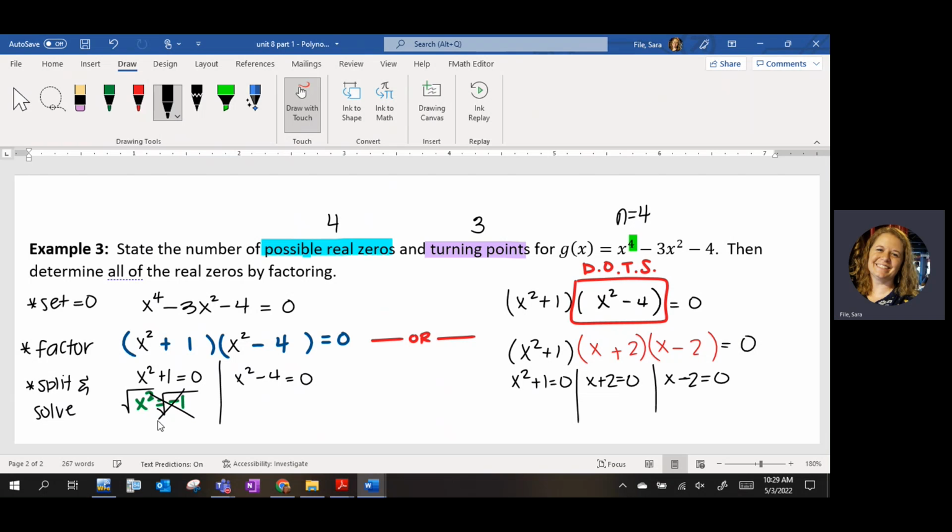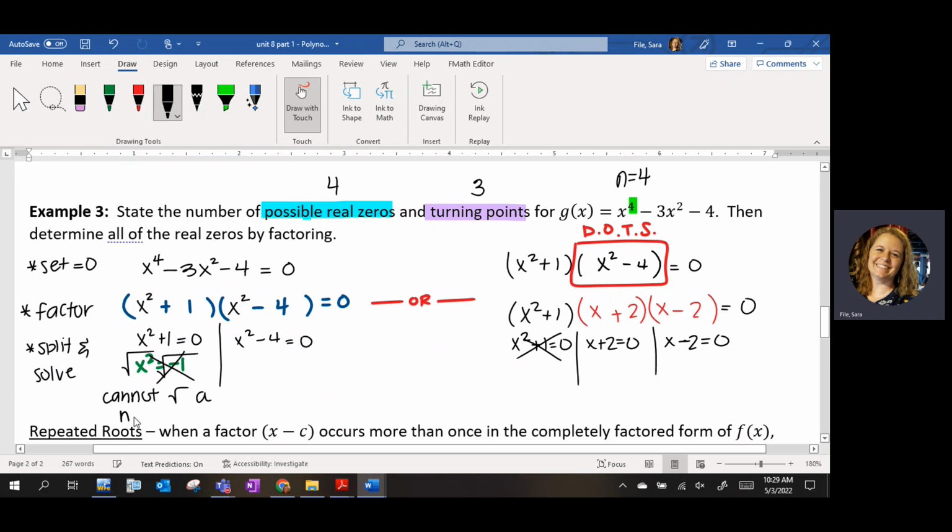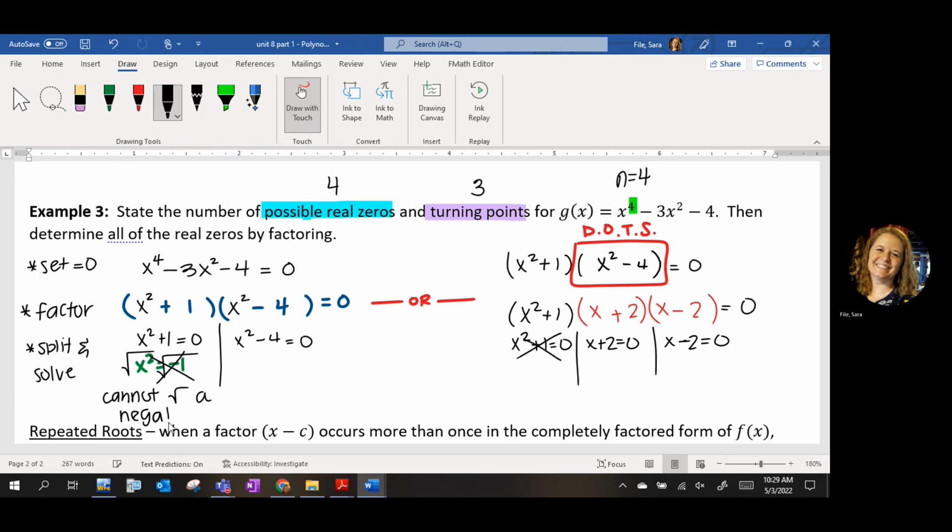No, I cannot do that. This one is not going to have a solution because I cannot square root a negative. Okay, so no solution from that factor.